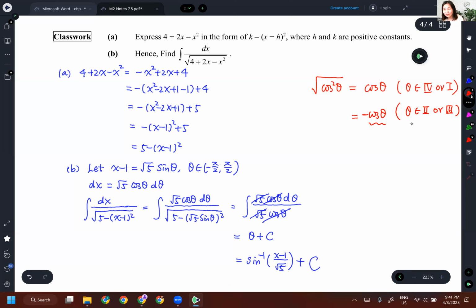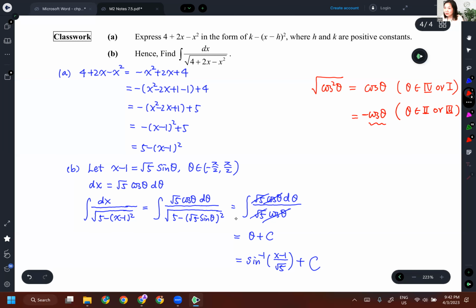Let me say it again. In this simplification, if cosine theta is negative itself, you should add a negative sign to make the outcome positive. But it's not the case in this question. I'll just leave it there because it's not the main part of this lesson. It really is not.